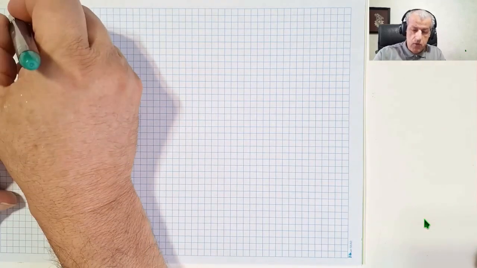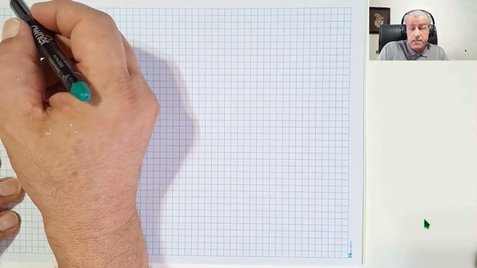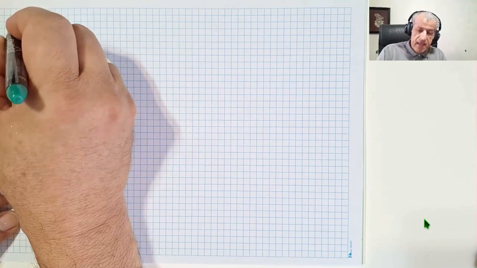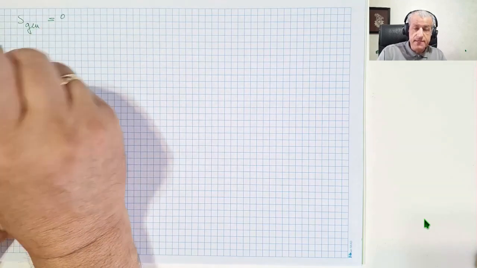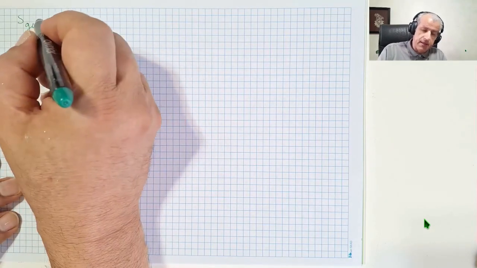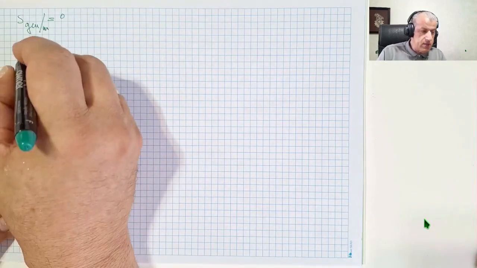Now we know that in this ideal process, where maximum possible work is gained, S generation equals 0.